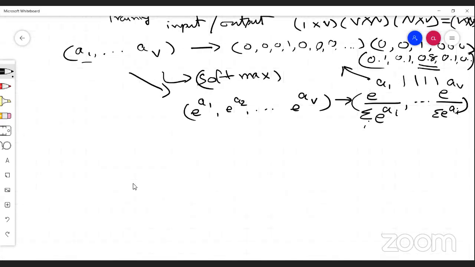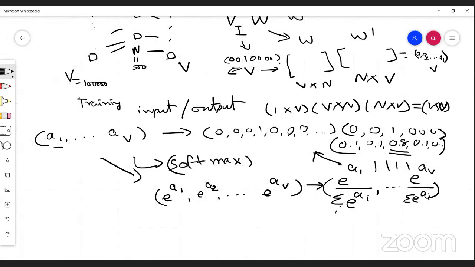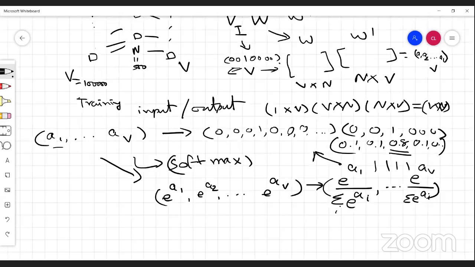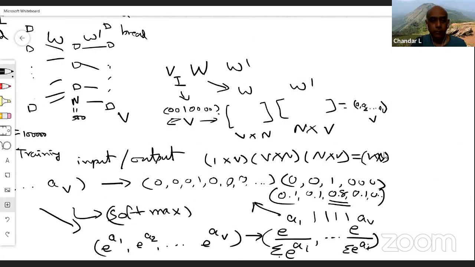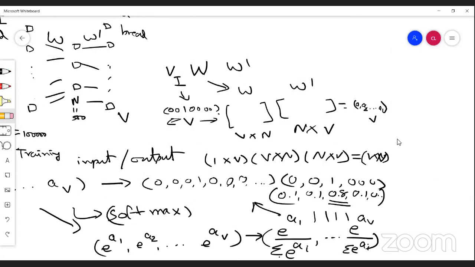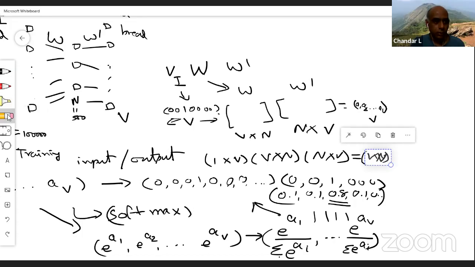Quick question. Yes, please. Before you scroll that up, at the equals, the 1 times V, the V times N, the N times V, and then that's equal to, I cannot read that. Sorry, I should have written it more clearly. Let me erase that and rewrite.